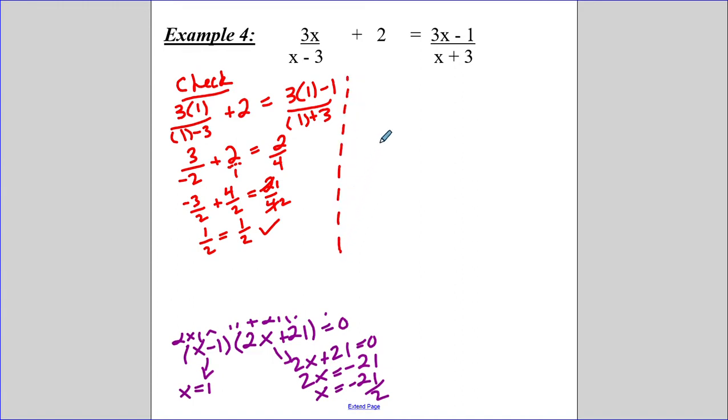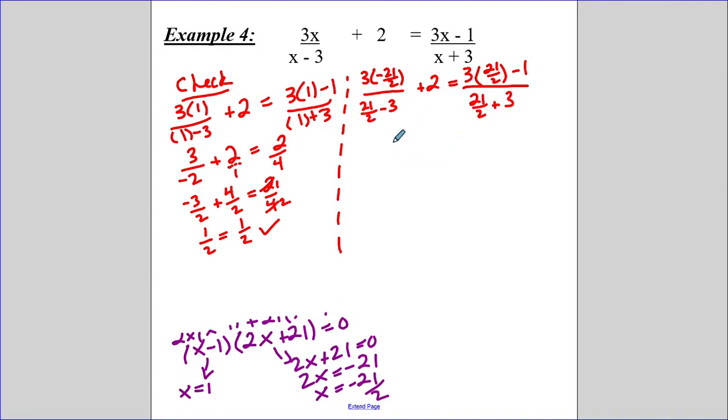So what about my other one? Negative 21 over 2. This one's going to be a little bit more interesting to try to check and solve for. So negative 21 over 2: 3 times negative 21 over 2 over top of negative 21 over 2 minus 3 plus 2, does that equal 3 times negative 21 over 2 minus 1 over top of negative 21 over 2 plus 3?